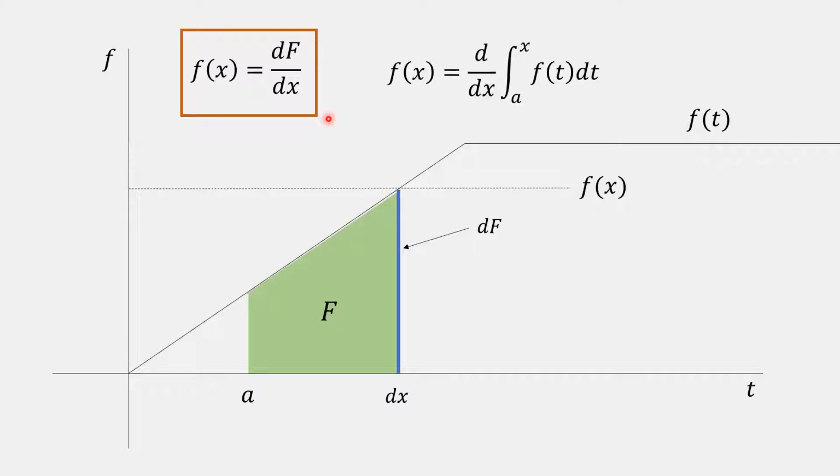And we found that if the derivative of big F is little f, then, well, this is just a restatement of that same thing. Let's put it this way. If the derivative of big F is little f, then the integral of little f is big F. This quantity right here actually is big F. It's the area under the curve f of t from a to x.